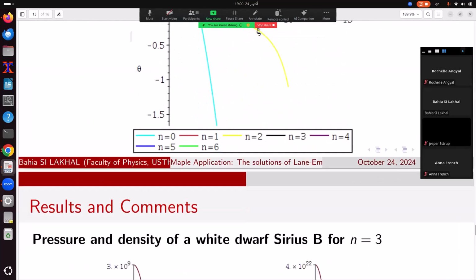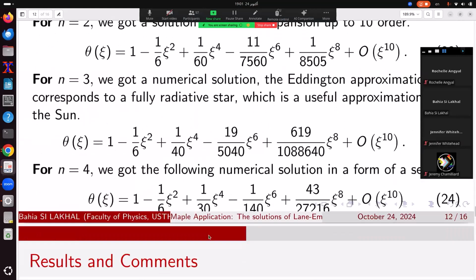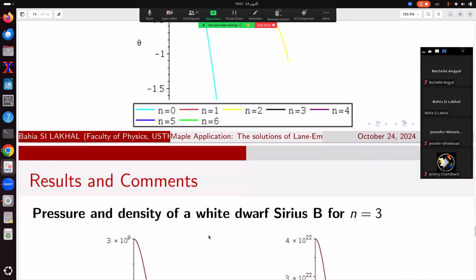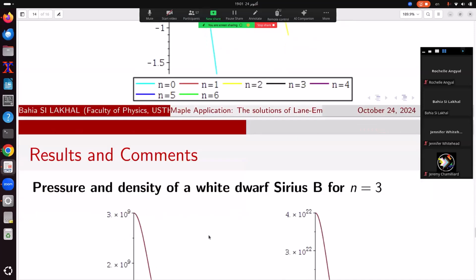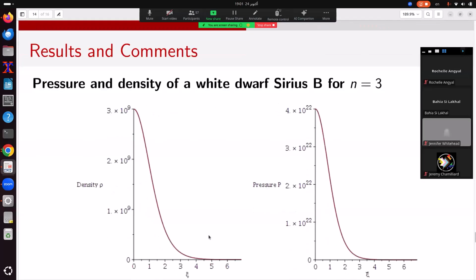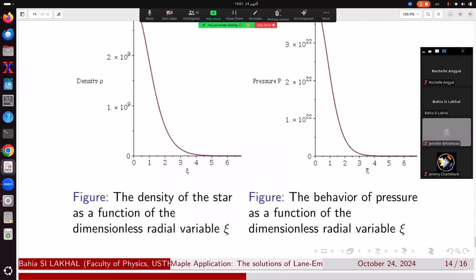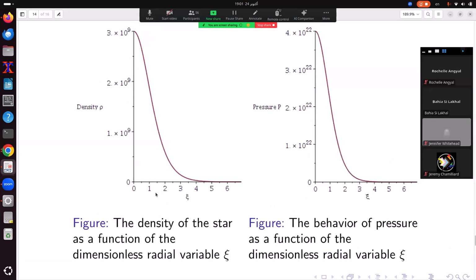Now, for a given polytropic index n equal 3, which is, as I said, the case of the Eddington approximation, for example, for a white dwarf series B, I plot here the density, rho, and the pressure as a function of the dimensionless radial variable xi.